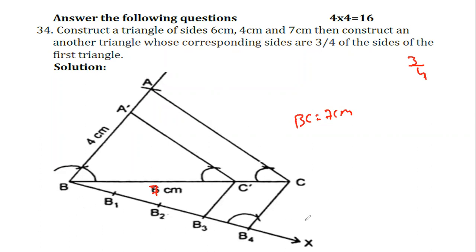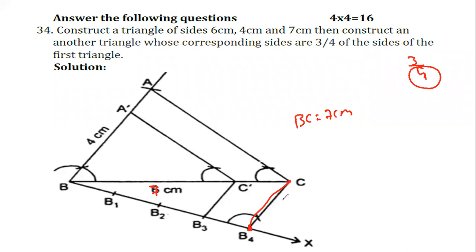BX is the acute angle. So now this BX is divided into 4 parts: B1, B2, B3, B4. Here, the denominator is 4, so 4 is the number. From the fourth point, you need to join to the last.